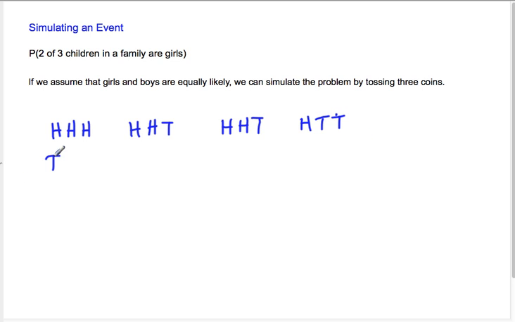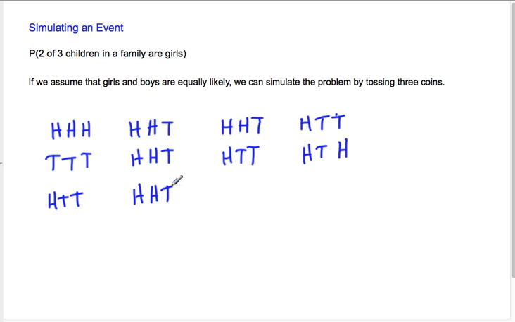And then we got a tails, tails, tails. Another heads, heads, tails, heads, tails, tails. Heads, tails, heads. Anyway, let's do 2 more just to make it out of 10. So let's say that girls were the H's and boys were the T's.